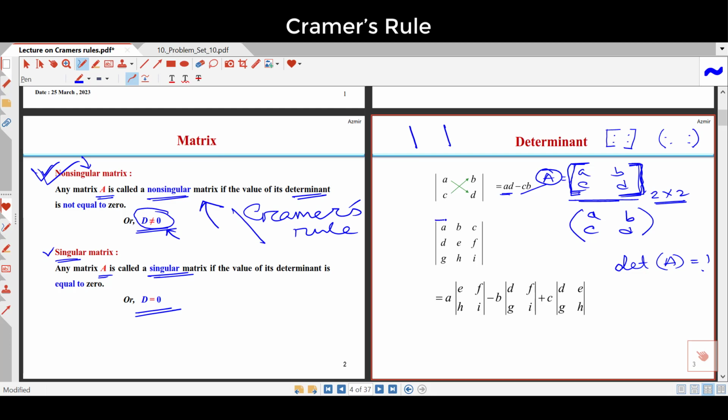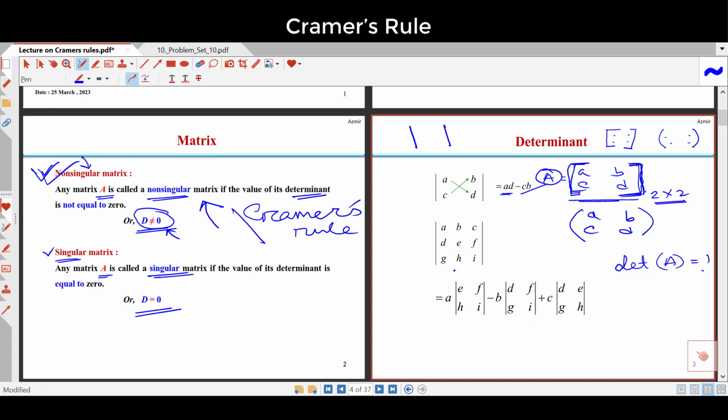Similarly, suppose we have a matrix, this one, where there are 3 rows and 3 columns. For this matrix, the determinant is denoted by vertical bars, and we have the same entries: A, B, C, D, E, F, G, H, I. So the determinant of this 3 by 3 matrix can be found this way.